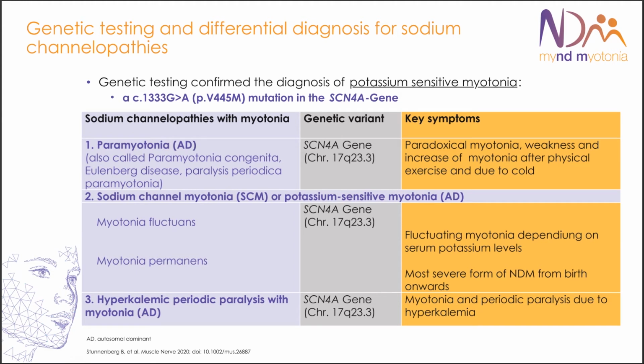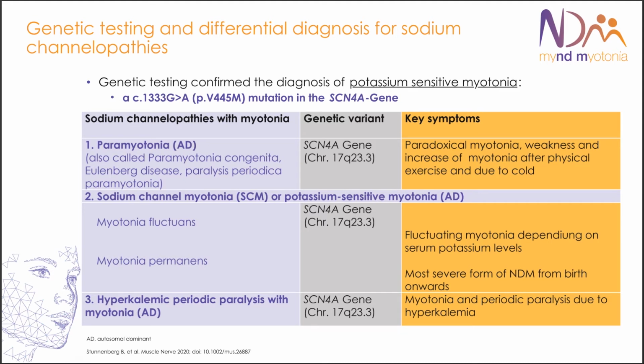So, genetic testing and differential diagnosis for sodium channelopathies. In this patient, we had a potassium-sensitive myotonia, which was not myotonia permanens, because if this would have been present, the patient would have had symptoms right from birth on, and he would never have been able to perform sports.